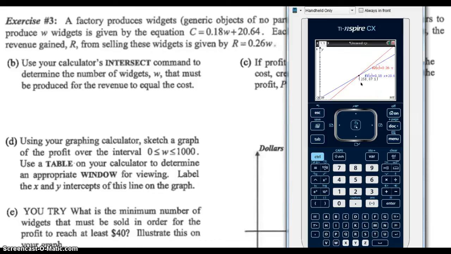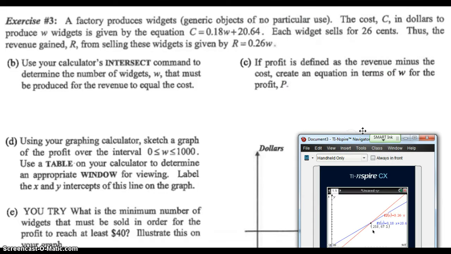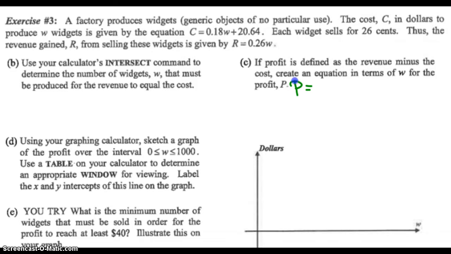Okay, so then let me slide this down. C wants to know profit. So profit could be determined by taking my revenue and then subtracting off the cost. So profit is my revenue minus the cost that I have to incur.